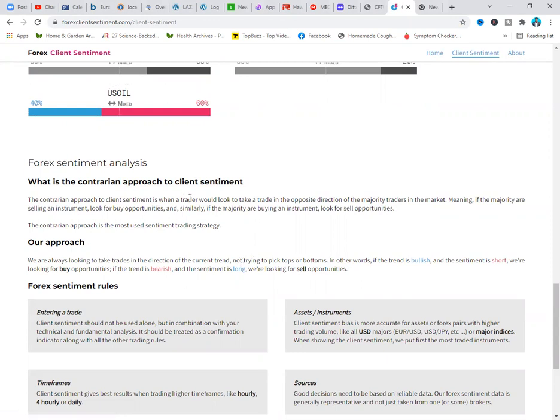Now, let's read a bit of it before I come to my explanation or what I want to show you on the site, okay? They are saying that Forex client sentiment. What is the contrarian approach to client sentiment? The contrarian approach to client sentiment is when a trader will look to take a trade in the opposite direction of the majority of traders in the market.